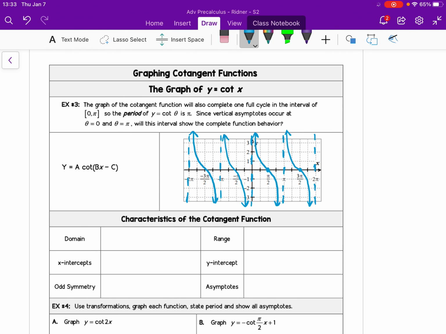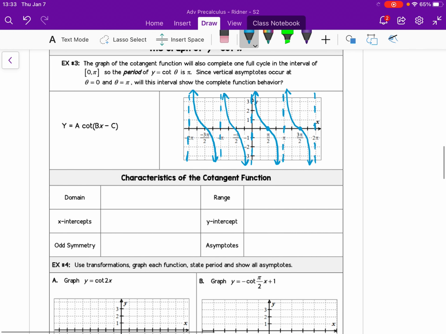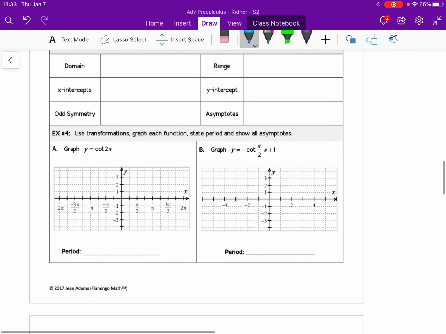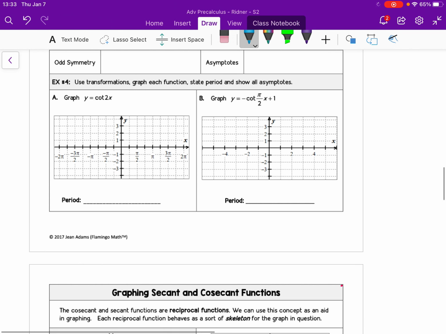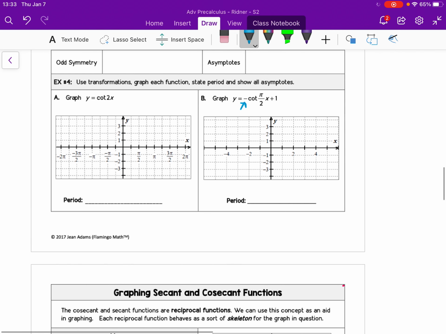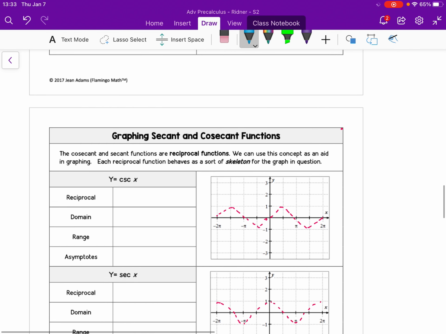All of my dashed lines are the asymptotes or the undefined parts. Notice they go in the opposite direction because they are a reflection or the inverse. Again, we can have everything happen to it, like a negative out front reflecting it.